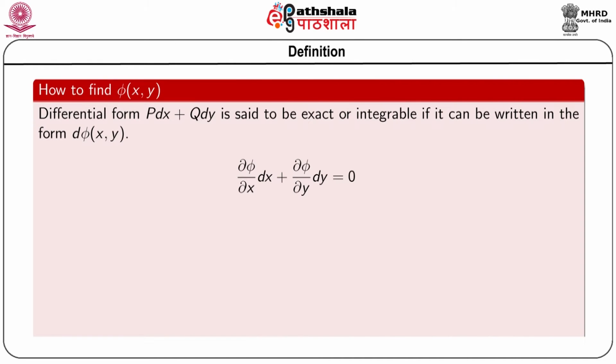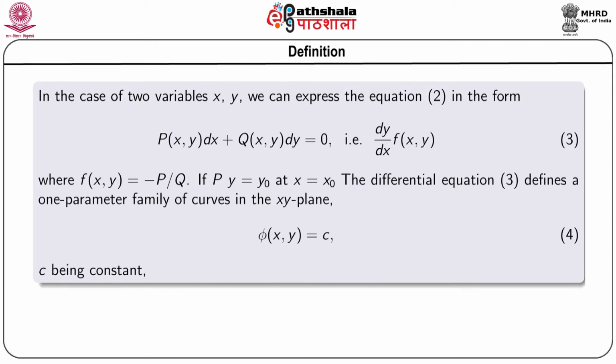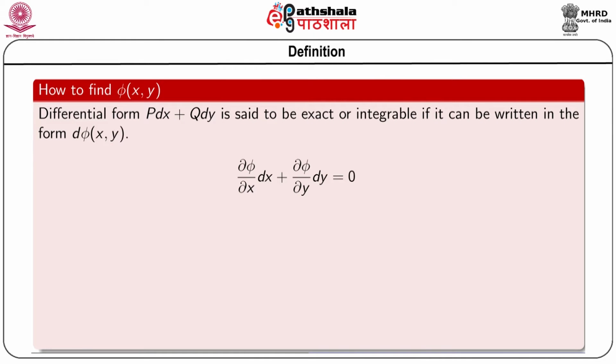Now, I shall discuss how to find the integral of the Pfaffian differential equation with 2 variables. Let phi(x,y) = c be an integral or solution of equation 3. Then the expression P dx + Q dy can be written as d(phi).